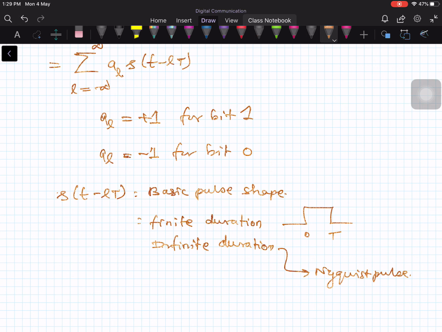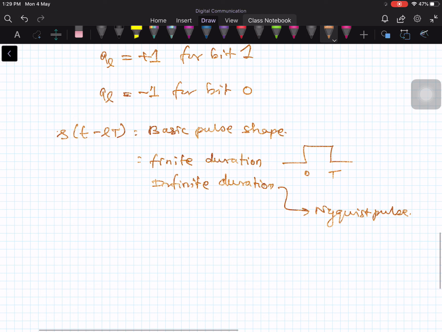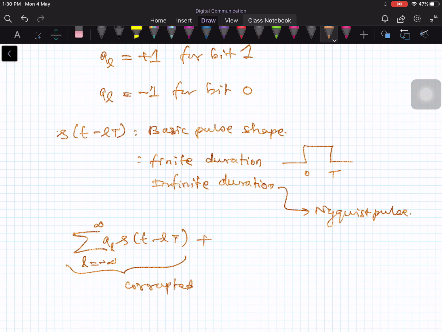So this sequence of positive and negative pulses gets corrupted by noise. So you have this sequence of pulses S of t minus LT, and here A sub L, L runs from minus infinity to plus infinity, and this one is corrupted by noise. That noise is additive, therefore let me put n of t.